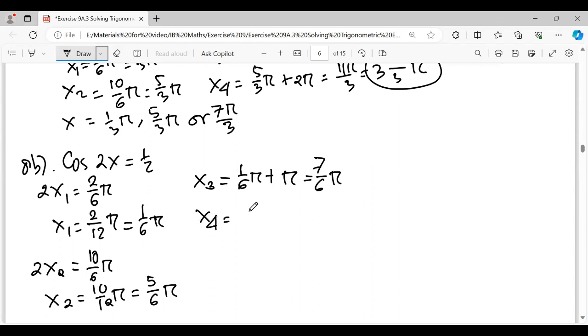X4 is 5 pi over 6 plus pi equals 11 over 6 pi.